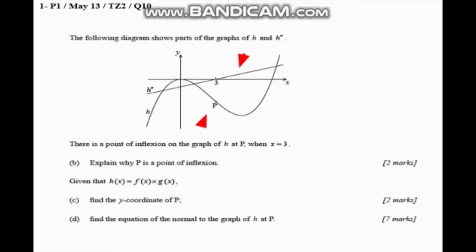Had the line of h double dash not been provided, we could have simply observed that P is the point where the graph of h changes concavity. Before P, h is downwards concave. You can see that it's frowning. After P, h is upwards concave or smiling.